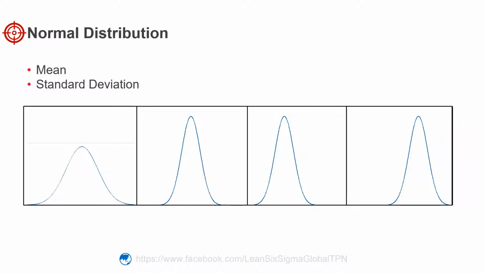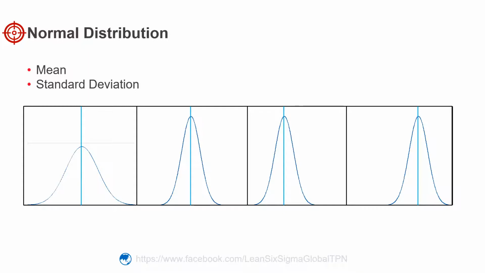The mean is the central value of the distribution, and it determines the location of the curve on the graph. The curve is symmetric about the mean. The spread of the curve is determined by the standard deviation.